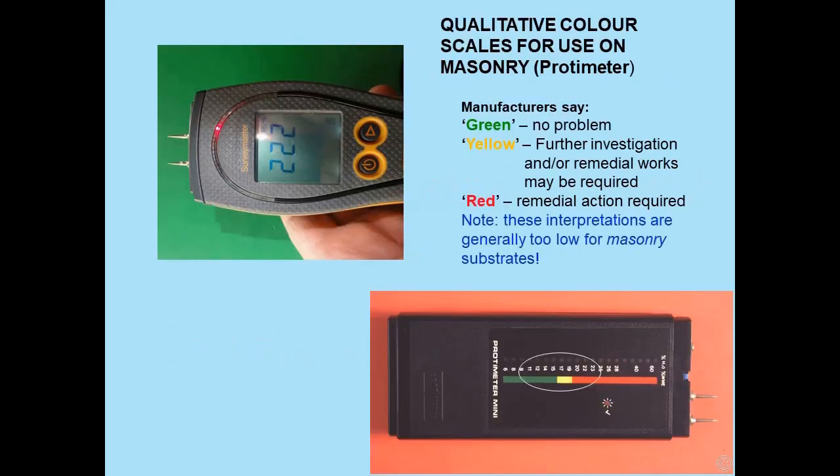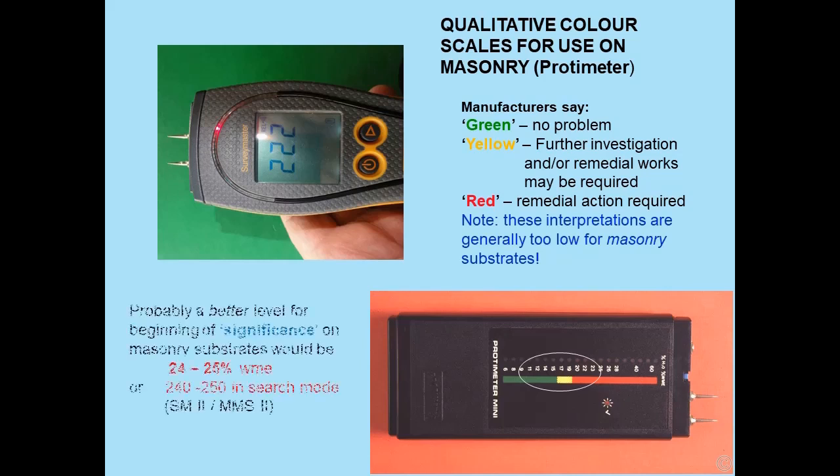So let's look at the scales themselves. Qualitative colour scales for use on masonry. The manufacturers say, and this really goes for all manufacturers, green no problem, yellow further investigation or remedial works, red remedial action required. In reality, these interpretations are generally too low for masonry substrates.